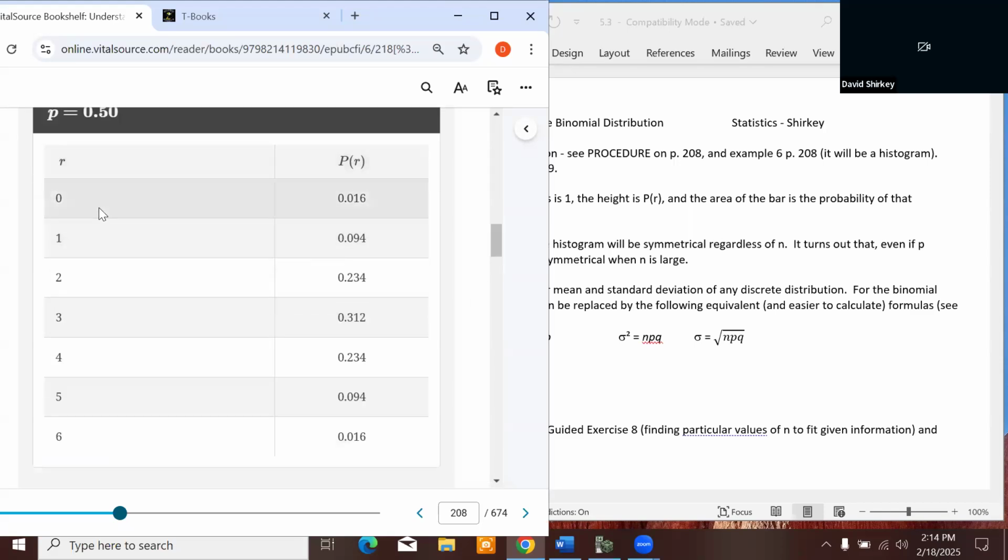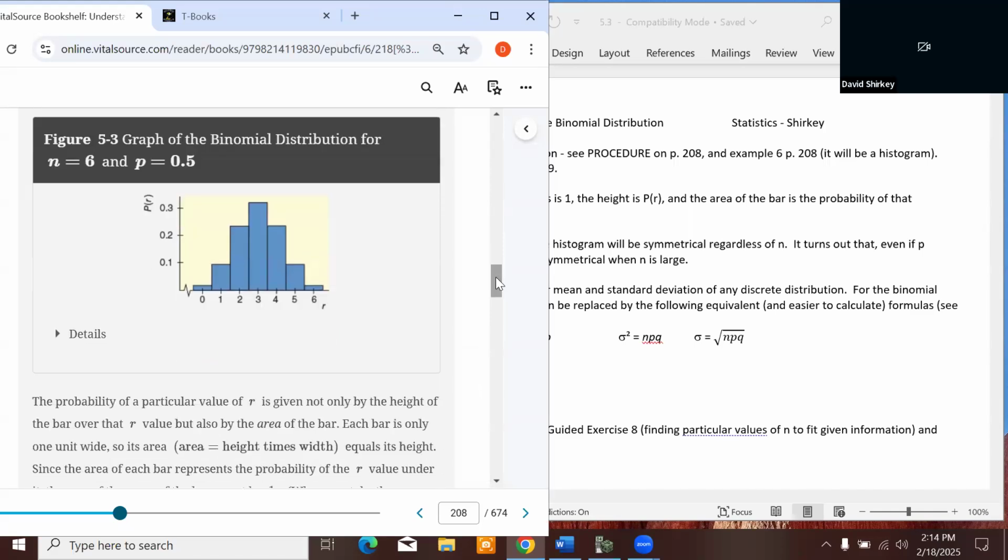When R is 0, if you go across and find the corresponding probability under the 0.5 column, you'll get 0.016. If R, your number of successes, is 1, you'll get 0.094. If it's 2, you'll get 0.234. Let's go on down all the way to when it's 6, it'll be 0.016. So these are the heights of our bars in the P of R column, right?